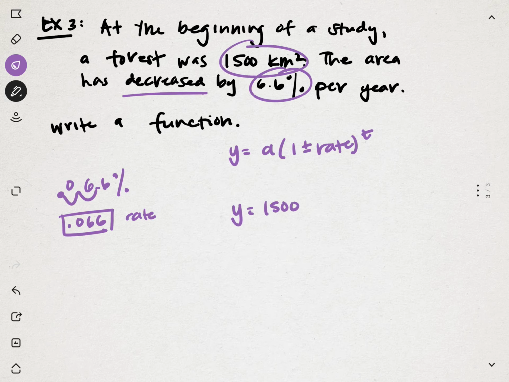So we're going to say 1,500 times 1. Because it's decreasing, we're going to subtract 0.066. Our t doesn't change. Now all we have to do is subtract that. So 1 minus 0.066 is 0.934.